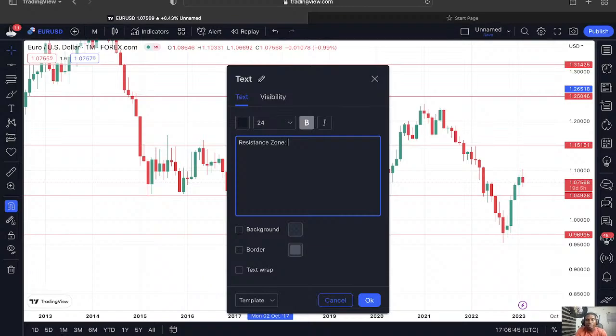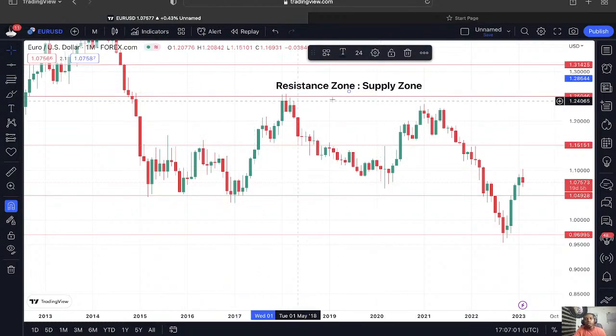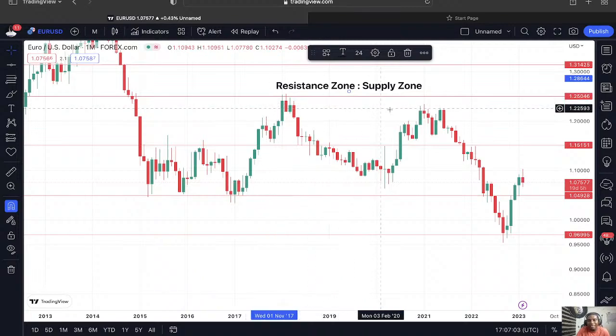Now also note that the resistance zone is what we call the supply zone. So here, this is the zone that sellers are willing to sell.